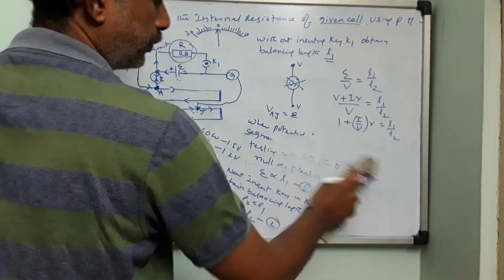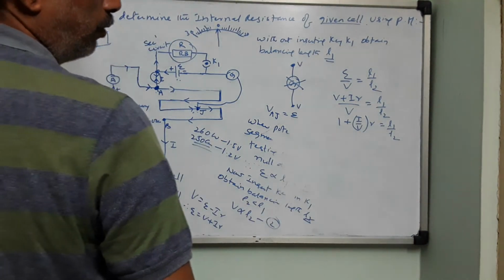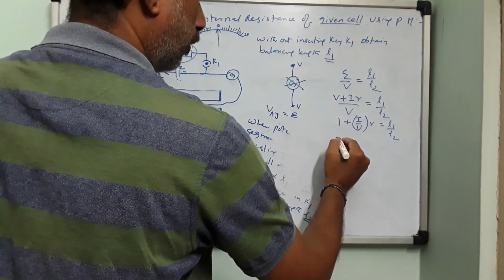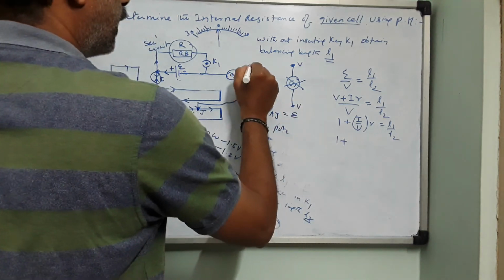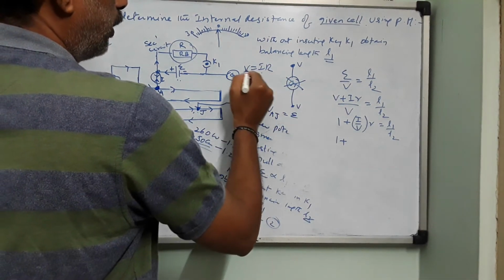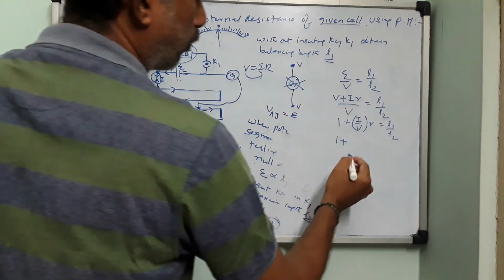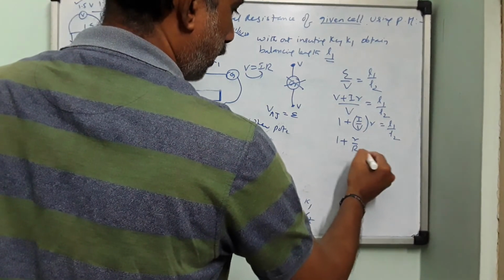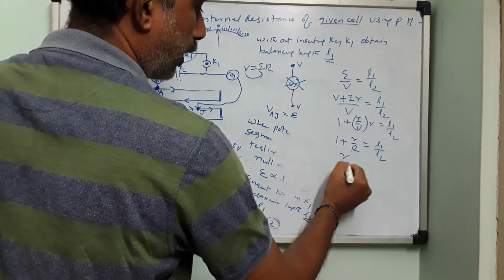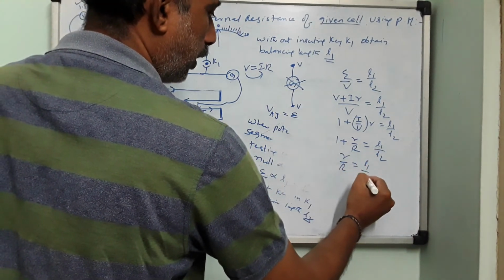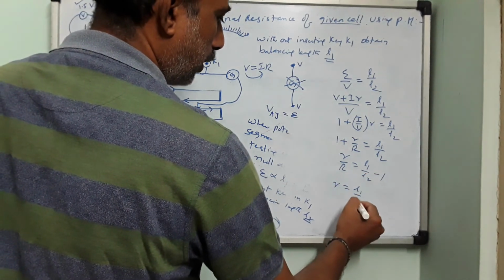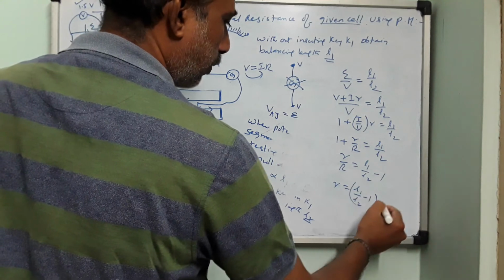Now, take this 1 to that side. I by V is nothing but 1 by R. So r by R equals L1 by L2 minus 1. So r equals (L1 by L2 minus 1) multiplied by R.